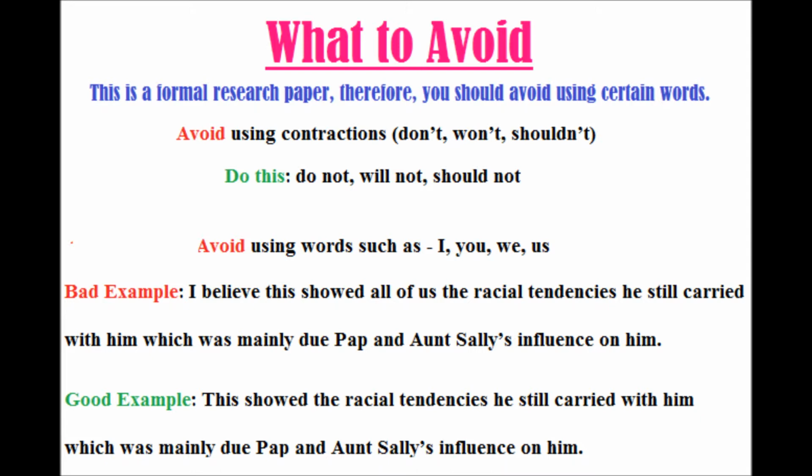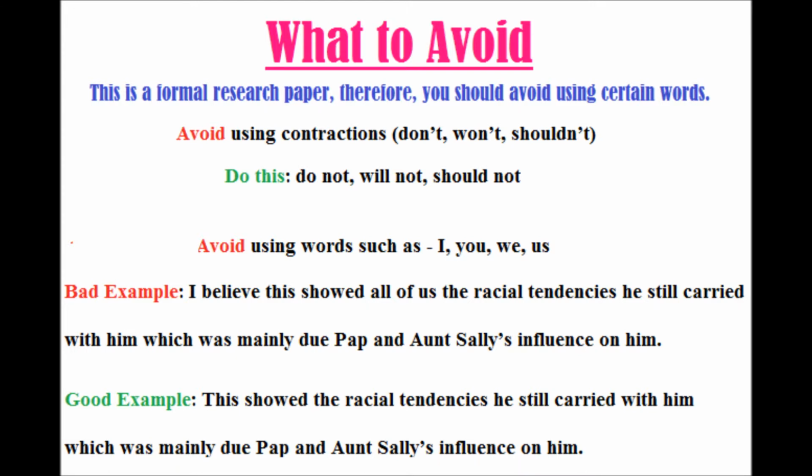Also, avoid using words such as I, you, we, or us. A bad example of a sentence would be, I believe this showed all of us the racial tendencies he still carried with him, which was mainly due to Pap and Aunt Sally's influence on him.